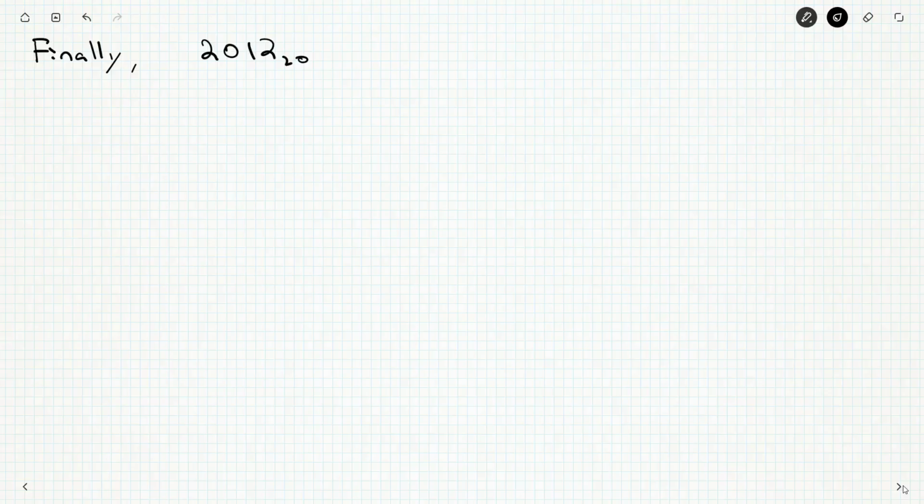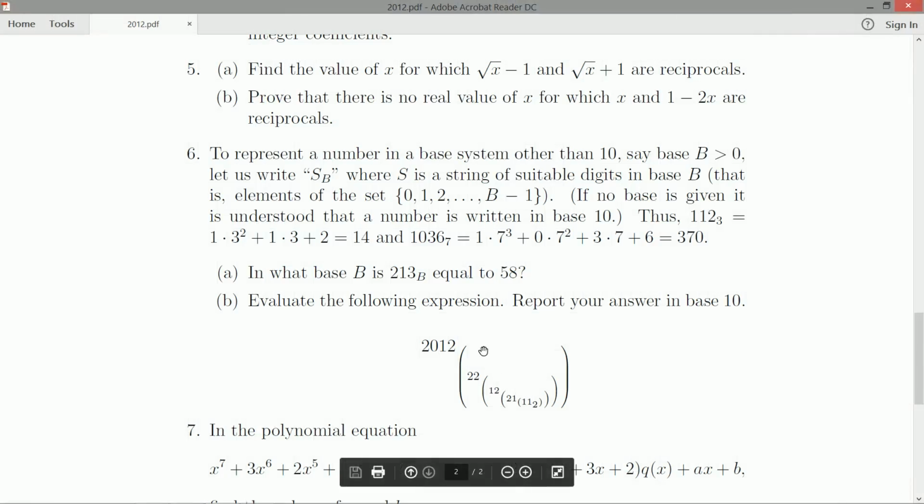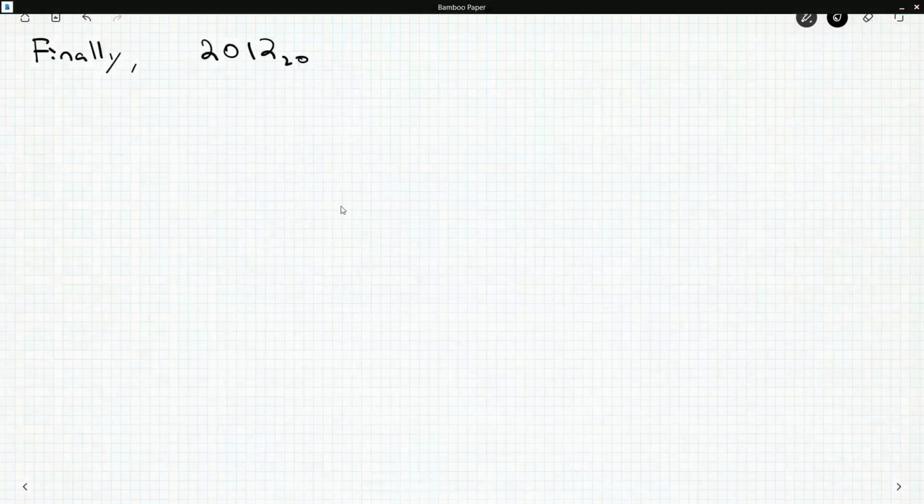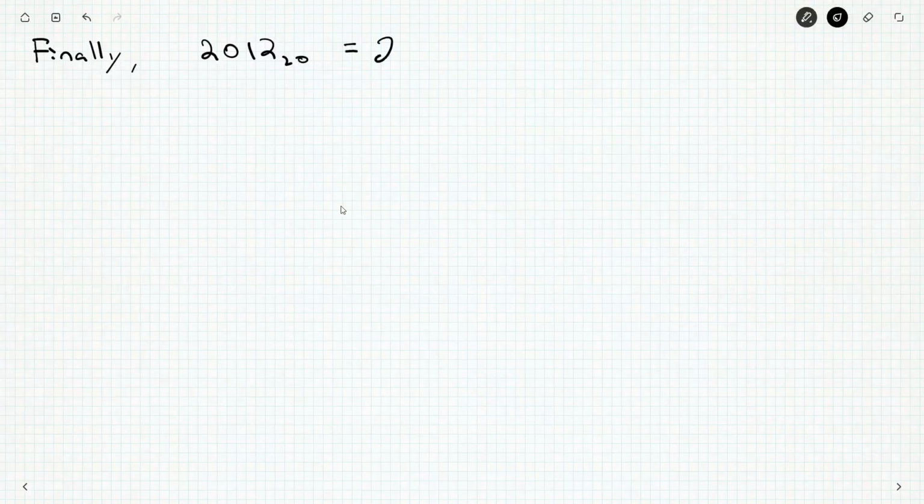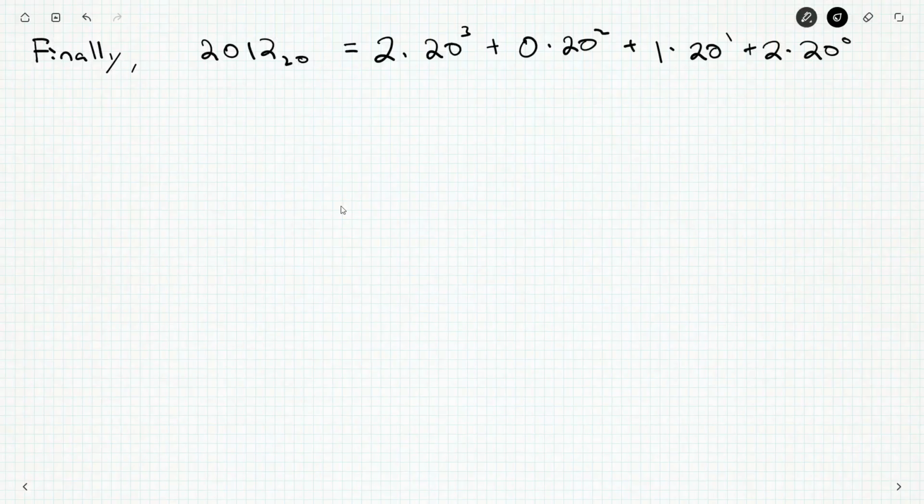I'll just go back and double check that really quickly. Yep, 2012, base 20. So that's going to be 2 times 20 cubed, plus 0 times 20 squared, plus 1 times 20 to the 1, plus 2 times 20 to the 0. So that's 2 times, and it might take you a moment, but this guy here, he's 8,000.